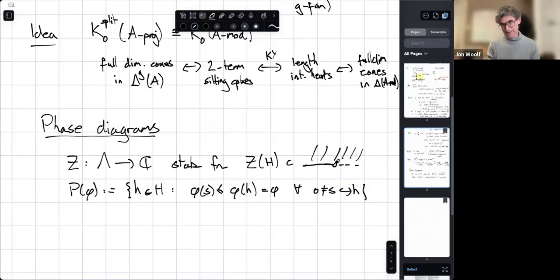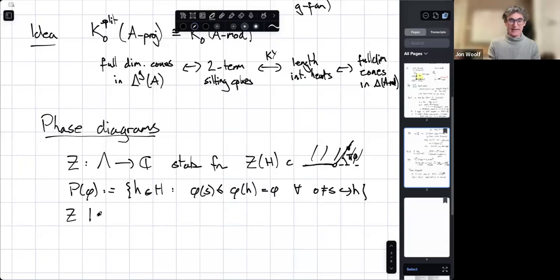So here by phase, in the usual way, I'm just taking the argument divided by pi. So something has phase phi if its stability function maps it onto this ray here. So that's the semi-stable objects of phase phi.